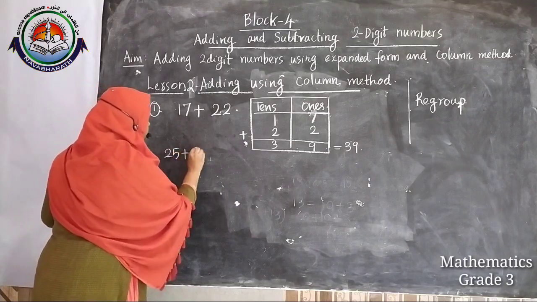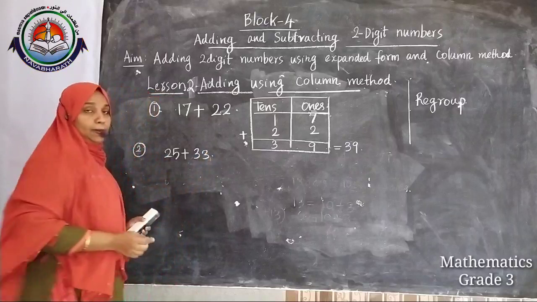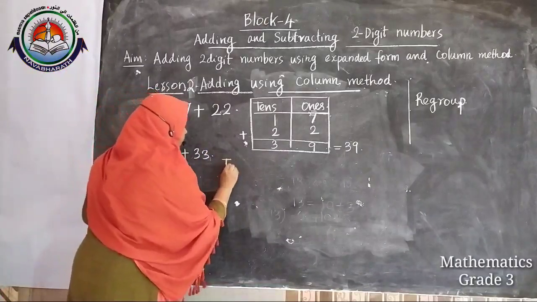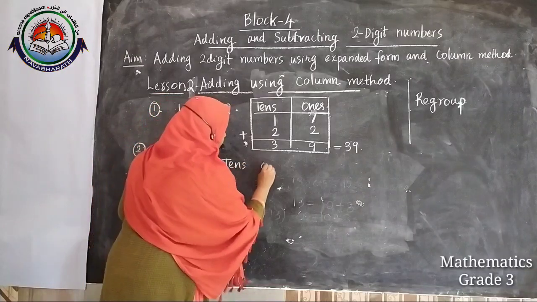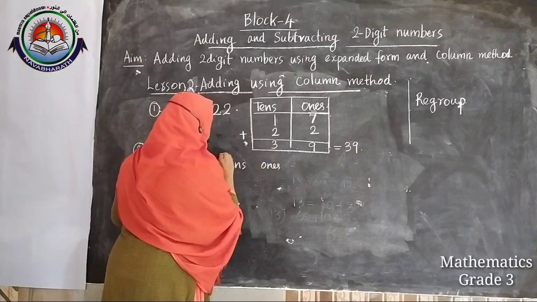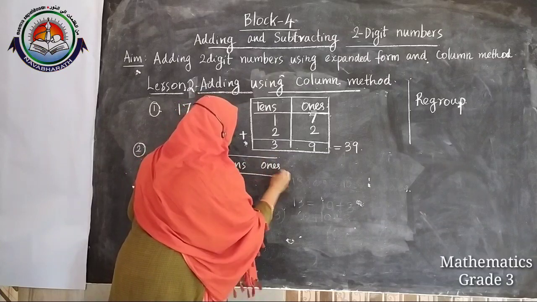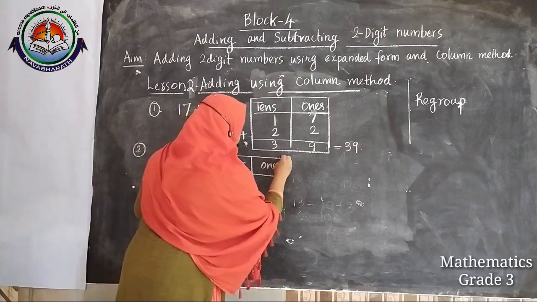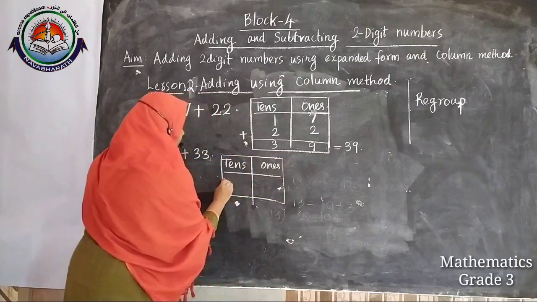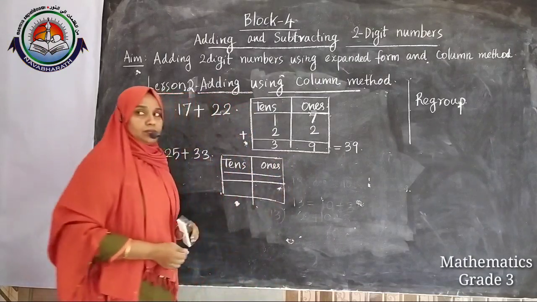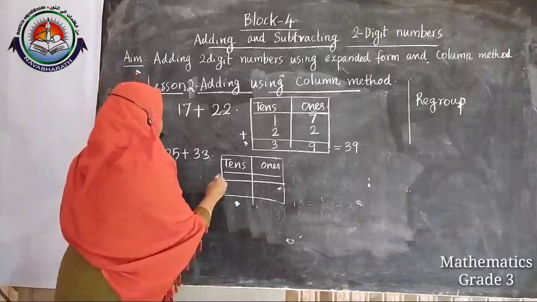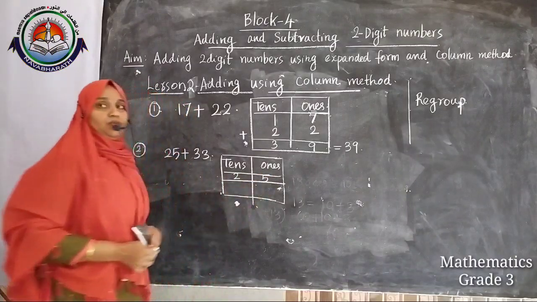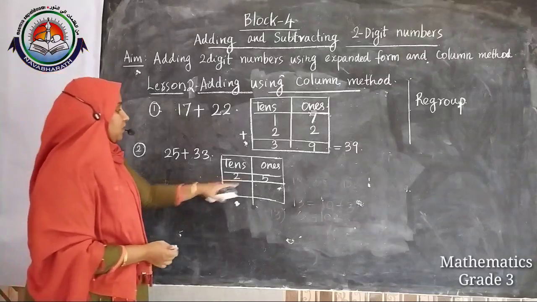25 plus 33. You separate the tens and ones. Tens, ones. For 25, 2 is here and 5 is here.